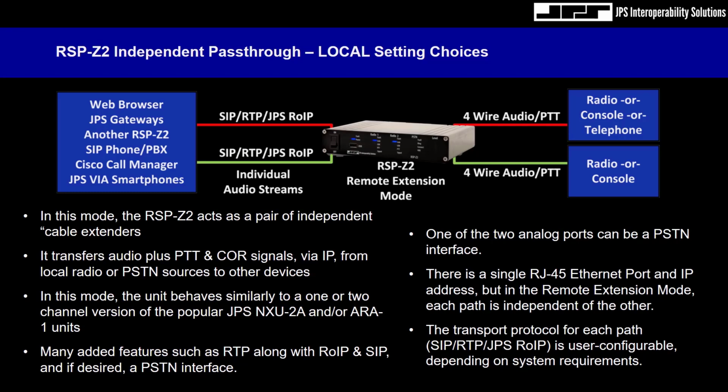One of the two analog ports can be a PSTN interface. There's a single RJ45 Ethernet port and an IP address, but in the remote extension mode, each path is independent of the other. Transport protocol for each path, SIP, RTP, or JPS RoIP, is user configurable depending on system requirements.